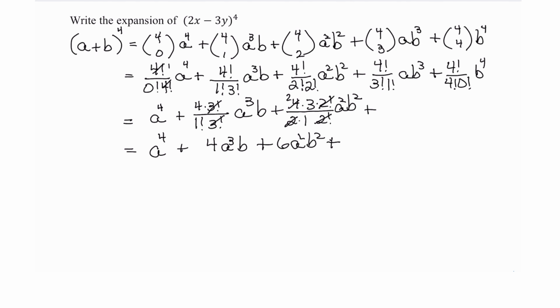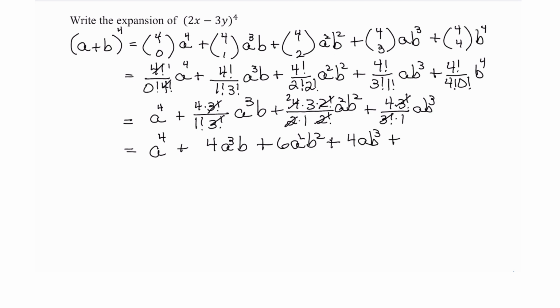4 factorial over 3 factorial 1 factorial. I have 4 times 3 factorial over 3 factorial times 1, and that's times a b to the third. The 3 factorials remove, and 4 divided by 1 is 4. a b cubed.